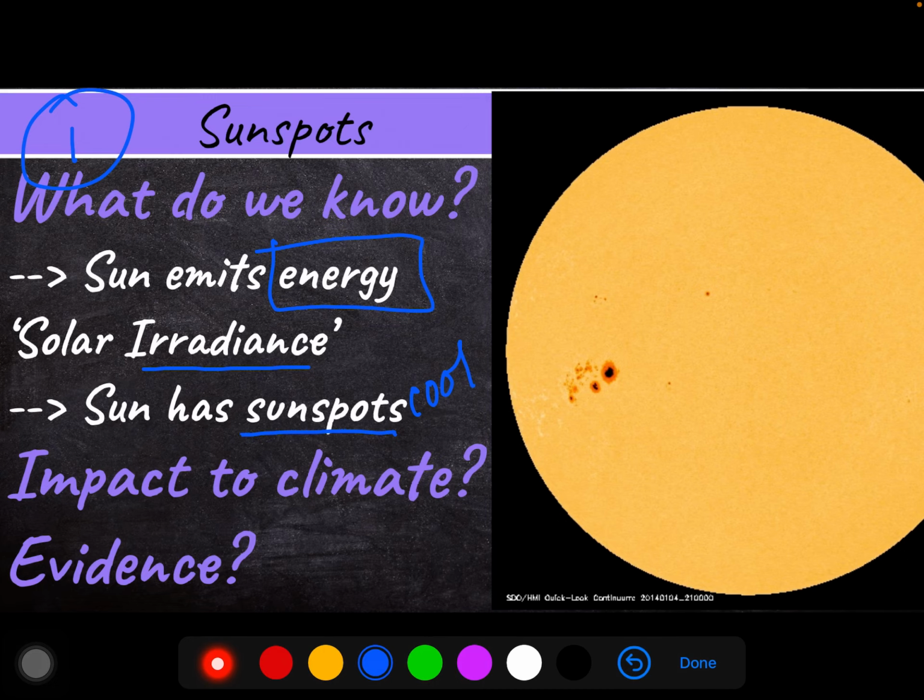So when you're filling in your number 1, we just want to know that the sun has both of those characteristics. It gives off energy, and it has these cool sunspots. And both the sun's energy and the sunspots go in cycles, right? They both cycle times of high and low throughout the course of time.